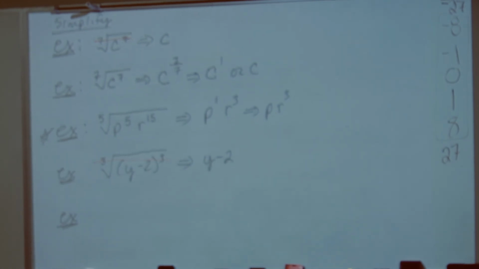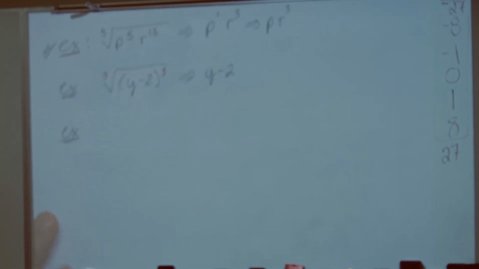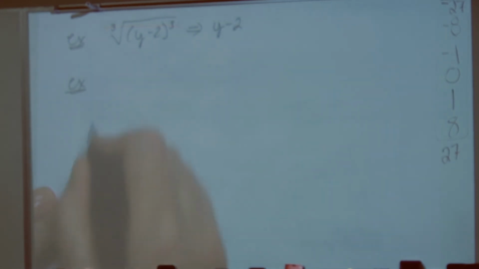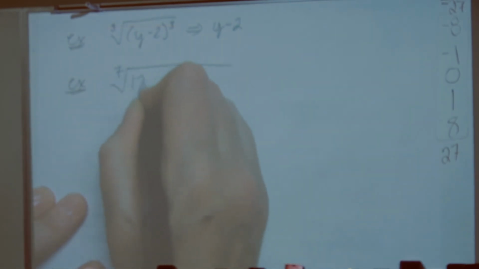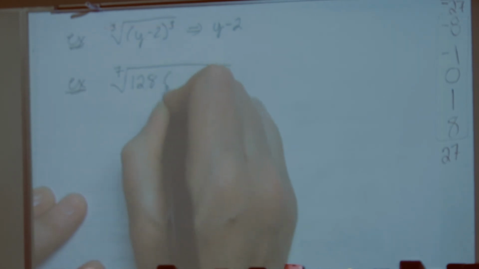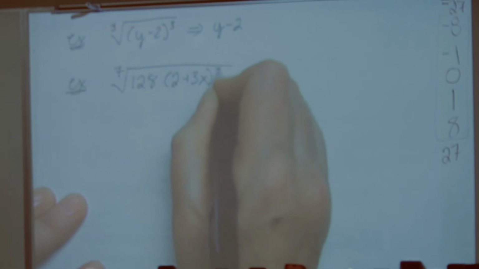Now that would be nice if that was that easy. Next step, hang on a second before we go. What if, oh, this is interesting. I give you the 7th root, and don't be afraid, please don't be afraid, of 128 times 2 plus 3x to the 7th power.